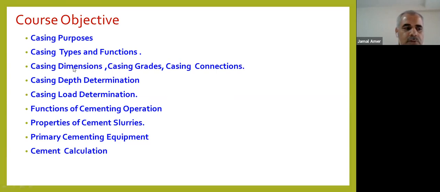For those people who are interested and would like to attend this course, I will share with them, before starting the course, the material and many examples of casing design by hand calculation and calculator, as we did before in our college. I believe that when any person does hand calculations, that means he 100% understands the whole process. We know there are very sophisticated programs to design the casing, and it's very easy and doesn't require any effort from us.